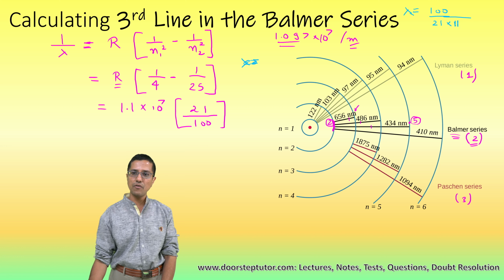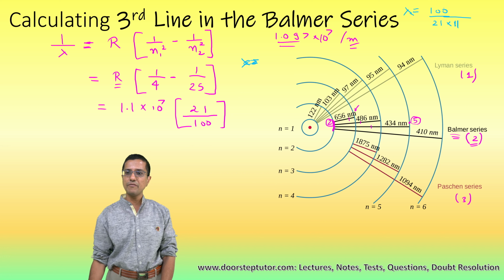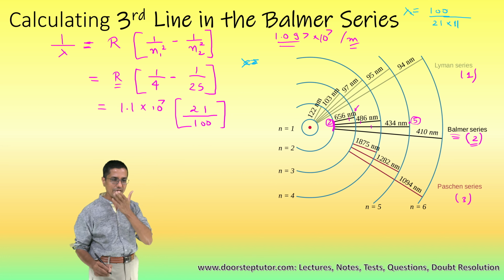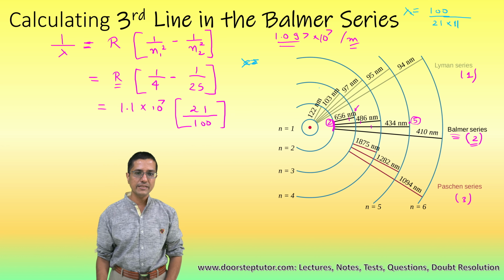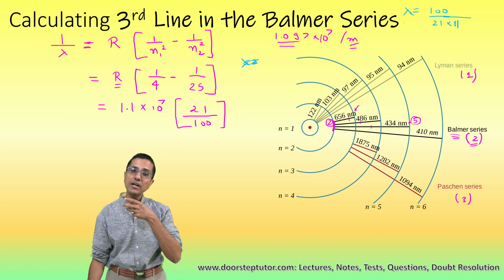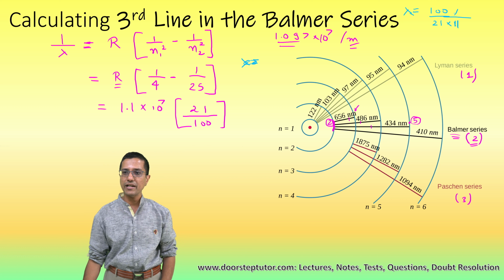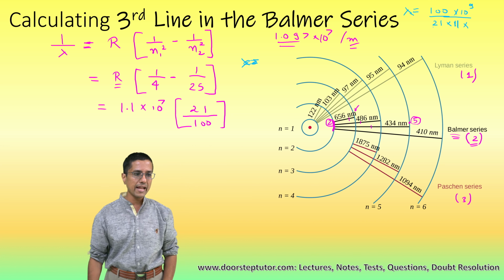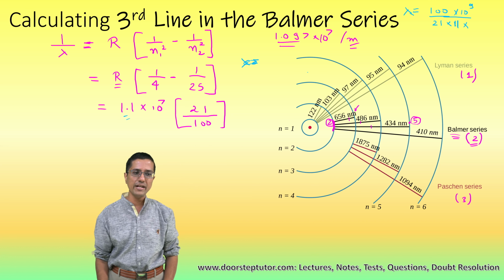What I am doing is converting this 1.1 into 11, and at the same time this wavelength will be in meters. I am converting it into nanometers. So if I convert it into nanometers, this will be 10 raised to power 9, because that is what nanometer means. And since I have converted this into 11, I will get 10 raised to power 6.